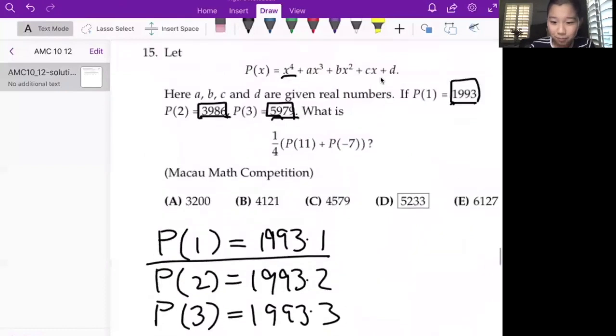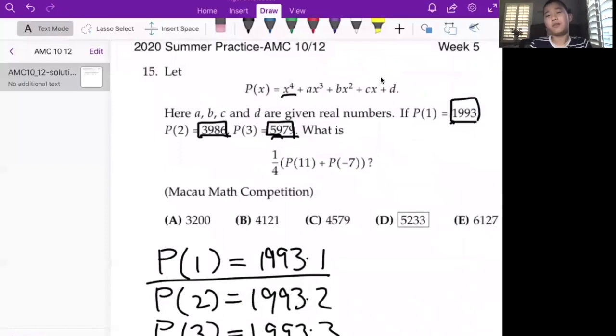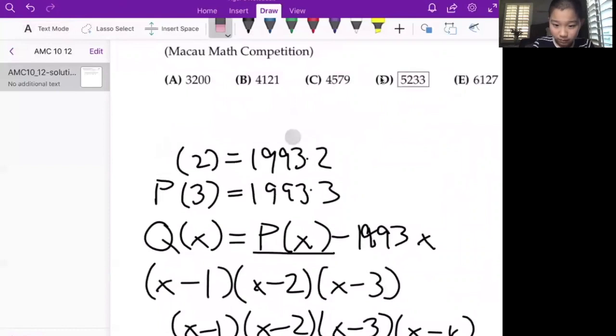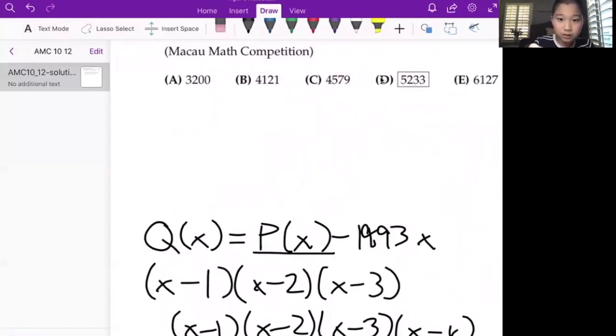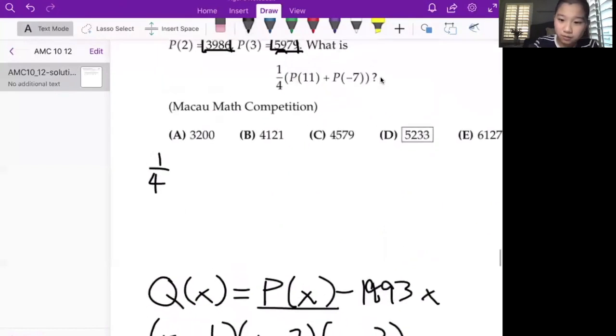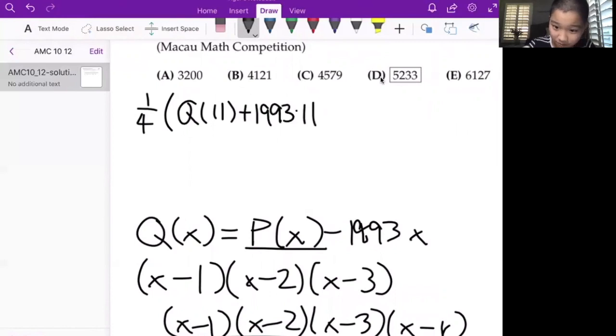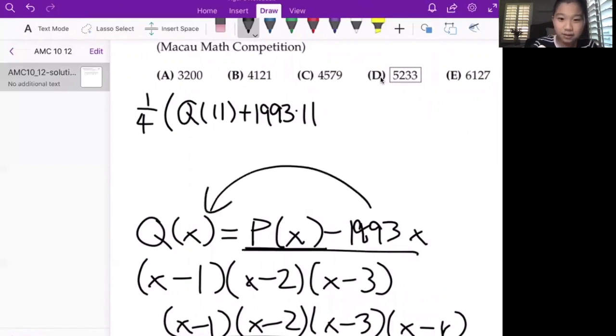Now let's evaluate 1/4 of p of 11 plus p of negative 7. P of 11 is equal to q of 11 plus 1993 times 11, just by this definition, where we add 1993x to both sides.